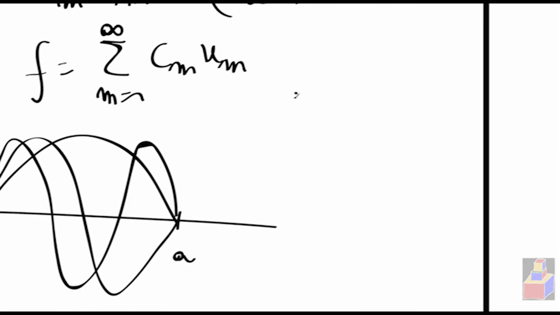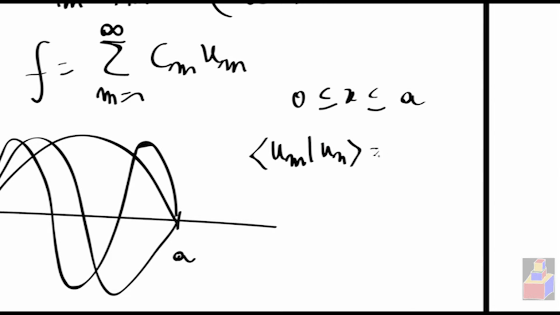If the domain is 0 smaller than x smaller than a, if I define the dot product, recall that our weight function in the definition of the dot product is 1. These are real functions, so there is no complex conjugate here, in the terms defined in lesson 7.